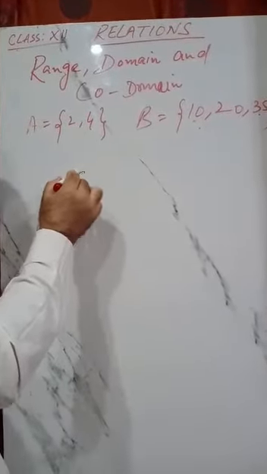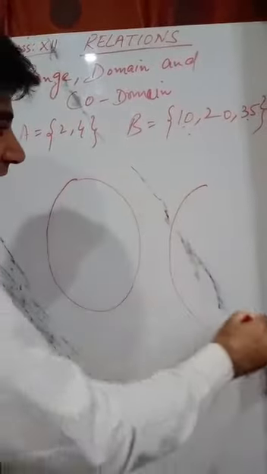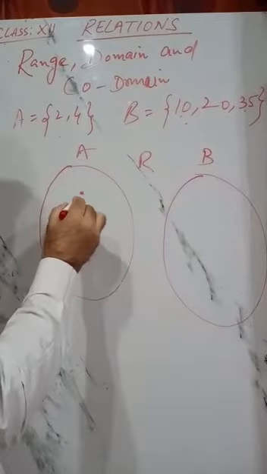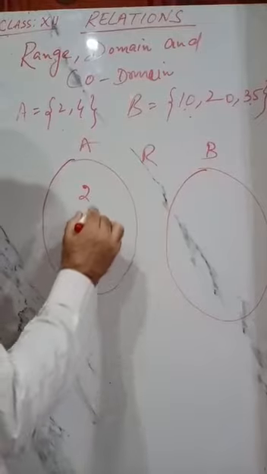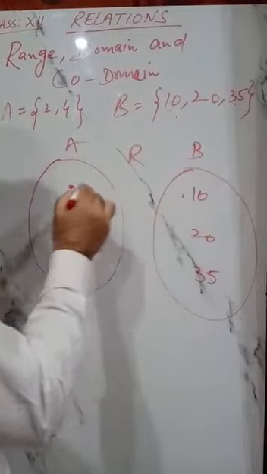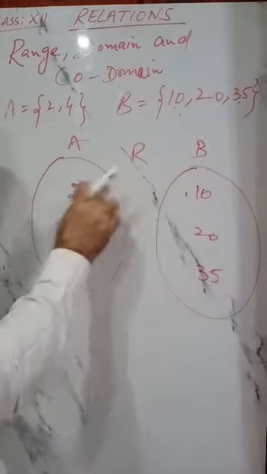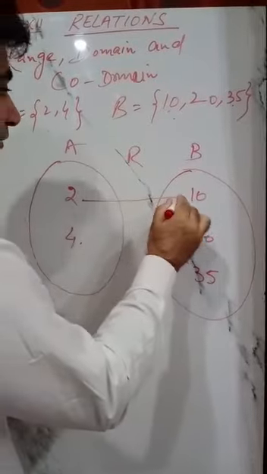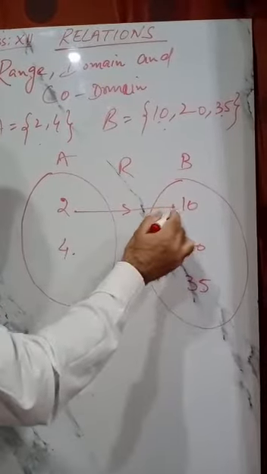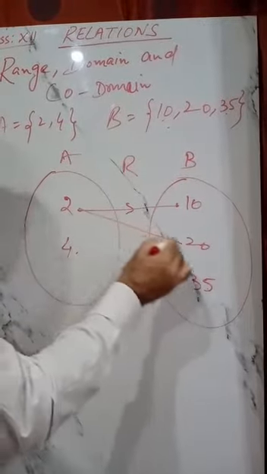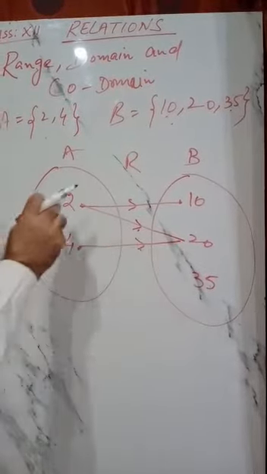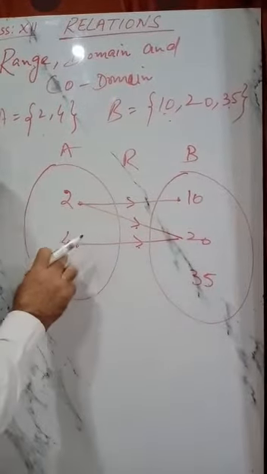Q is a multiple of p. 10 is a multiple of 2, 20 is also a multiple of 2, and 20 is also a multiple of 4. So these are the three ordered pairs: (2, 10), (2, 20) and (4, 20).